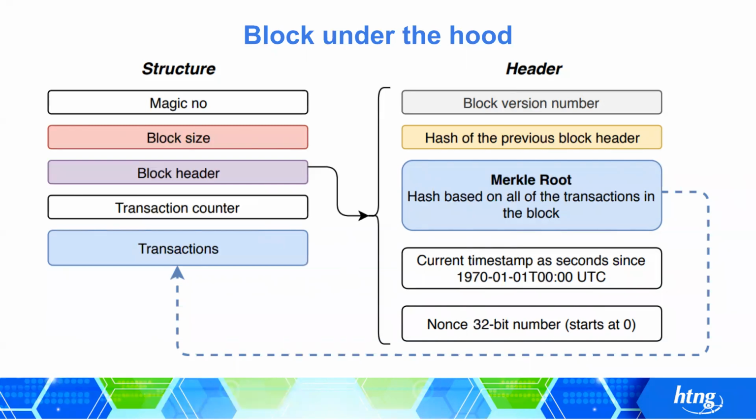The Merkle root is a hash of the transaction list. It's simply the hash of the current block, based on all of the transactions in the block. And also we can see the current timestamp and nonce, a system field for the mining operation, which we will touch on the next slide.